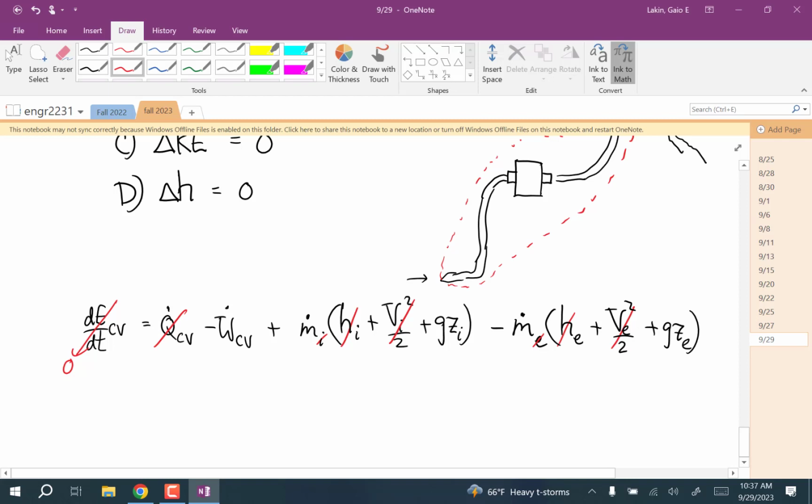This is the first one. Every other simplified equation that we've seen uses enthalpy. This is the only one that doesn't.